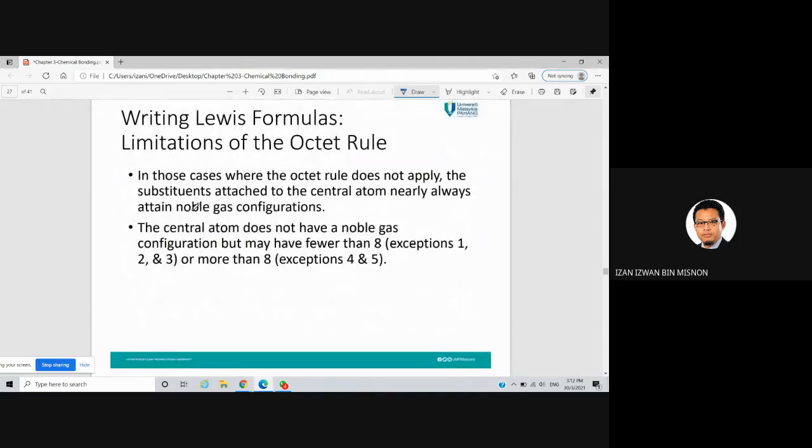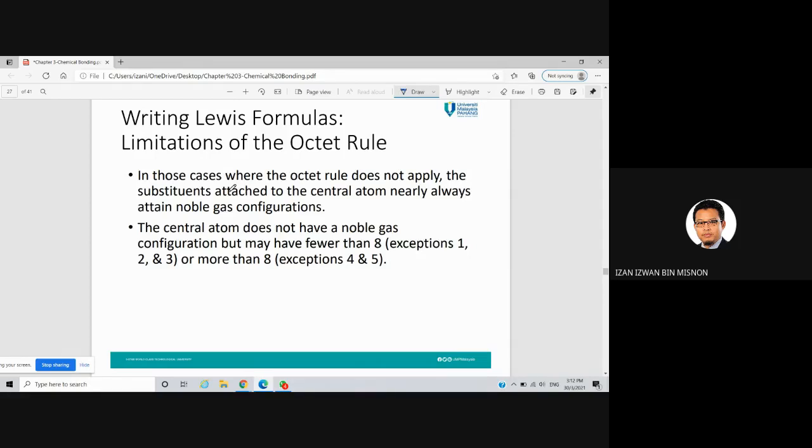Before that, in those cases where the octet rule does not apply, the substituents attached to the central atom nearly always attain a noble gas configuration, and the central atom does not have a noble gas configuration, but may have fewer than 8 electrons. That is for exceptions 1, 2, and 3.